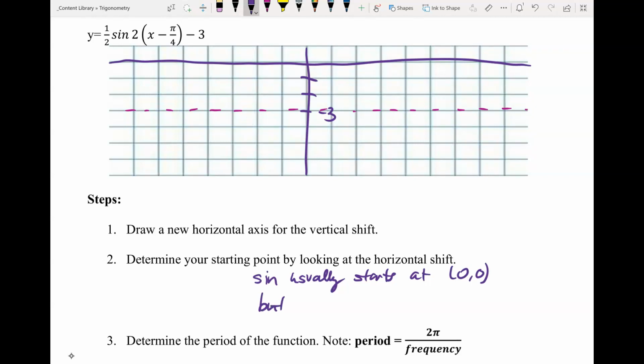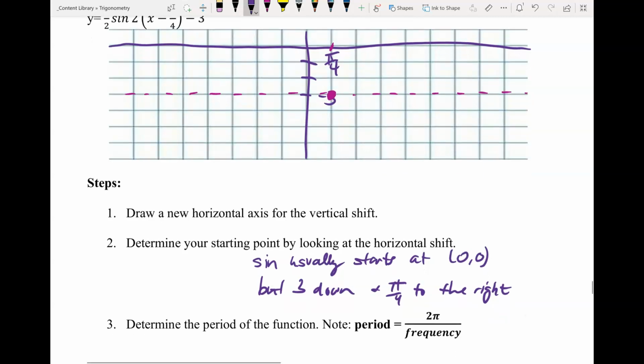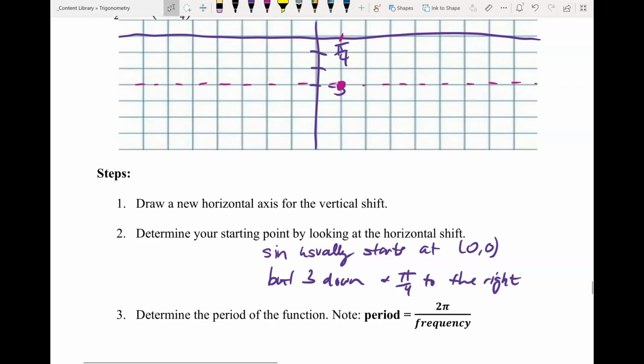So we're going to go 3 down and pi over 4 to the right. So that means our new starting point is going to occur over here. I'm going to label this as pi over 4. So that would be our new starting point.